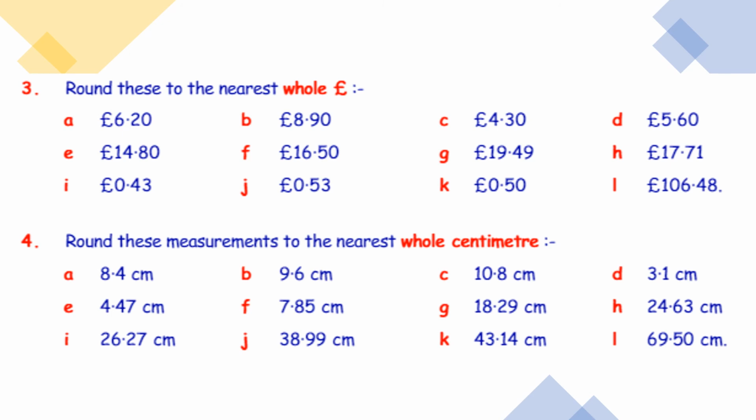Okay, and number 4 is exactly the same, but instead of it being pounds, it's centimetres and millimetres. So 3 and 4 are the same, but in number 3 you're going to put a pound sign, and in number 4 you're going to put centimetres at the end.